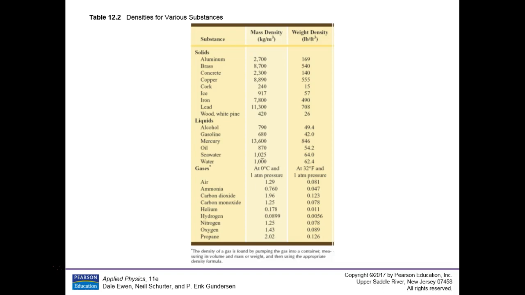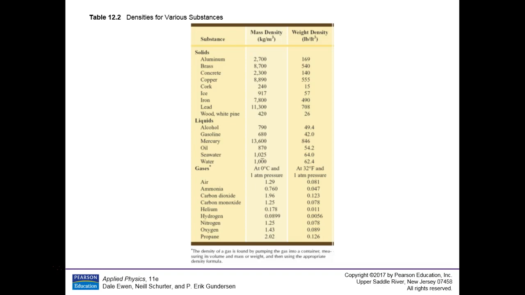I couldn't find a periodic table in the book. I wish you could, because you'll find that the metals at the top of the periodic table, like aluminum, are very low density. 2,700 kilograms per cubic meter, or 169 pounds per cubic feet. Now, it may sound like a lot, but that's a pretty low density for a metal.